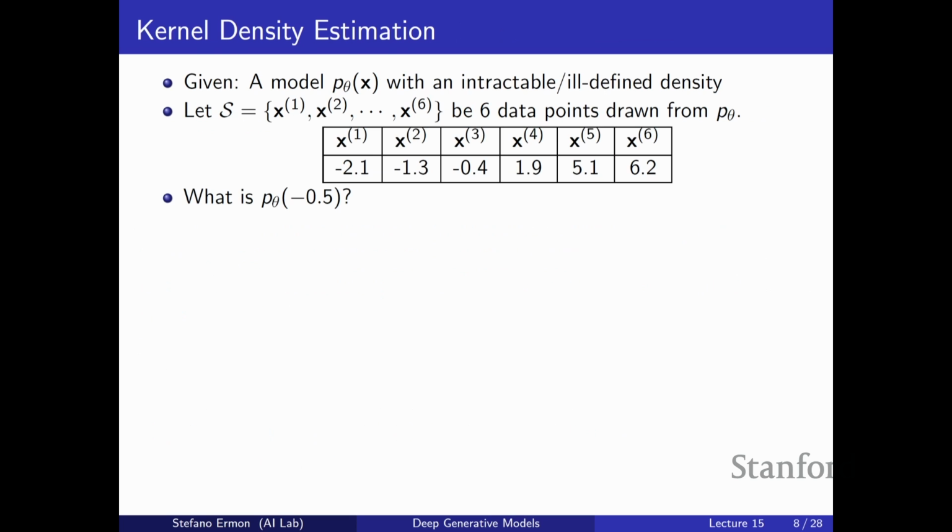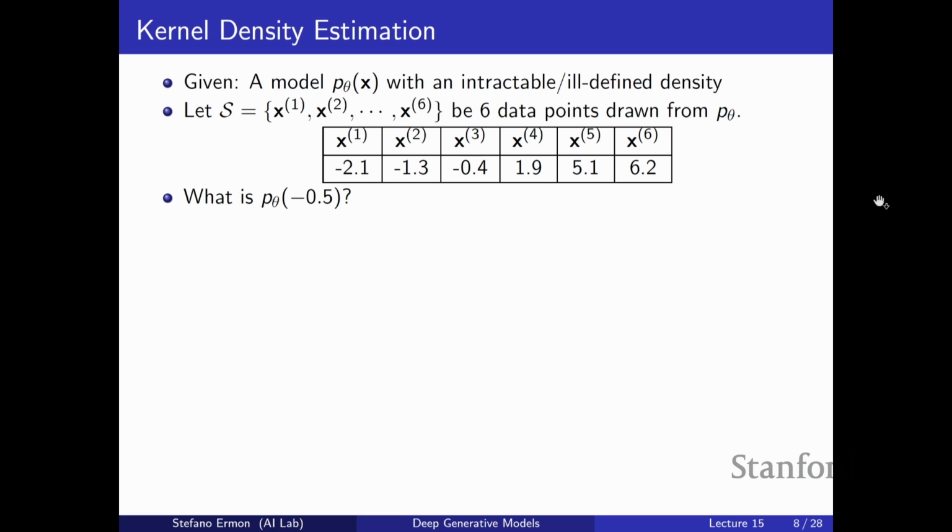So it would look something like this. Suppose that you have a generative model for which you are not able to evaluate likelihoods directly, but you're able to sample from it. Then you can draw a bunch of samples. Here I'm showing 6 of them, and for simplicity, let's say that the samples are just scalars. So you generate 6 of them, and the first one is minus 2.1, minus 1.3, and so forth.